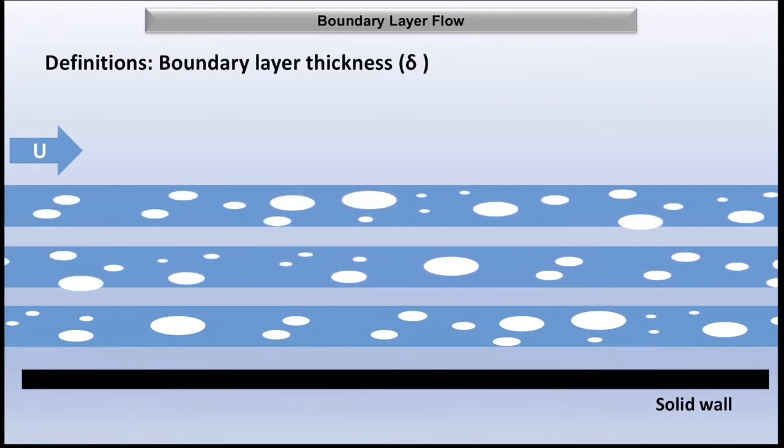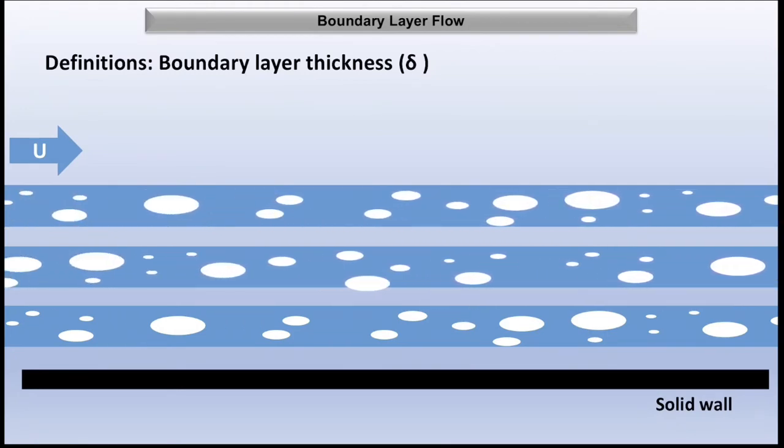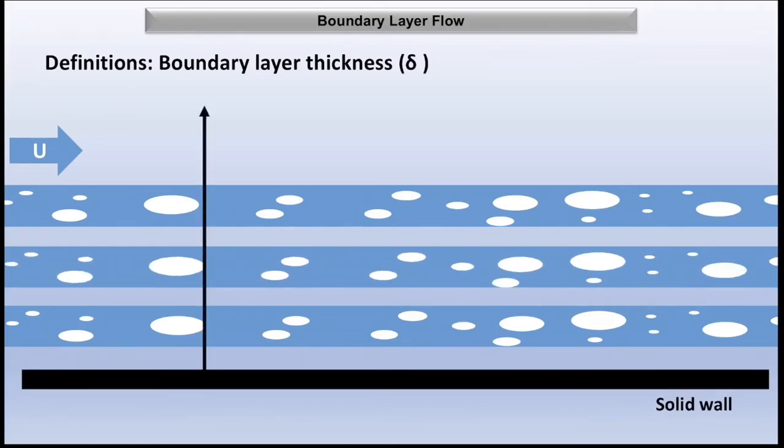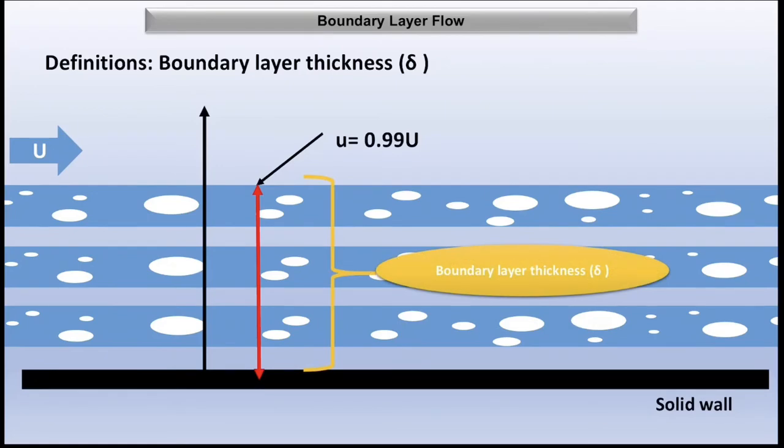Likewise, every layer towards the y direction is getting more and more velocity. So there will be an increase of velocity in the y direction, and a point will come when the velocity of the fluid layer will be equal to 0.99 times the free stream velocity, and this distance is nothing but the boundary layer thickness. Okay, I think it's clear to you.